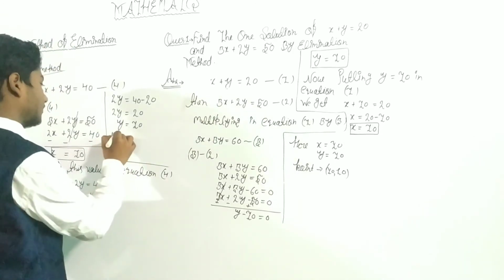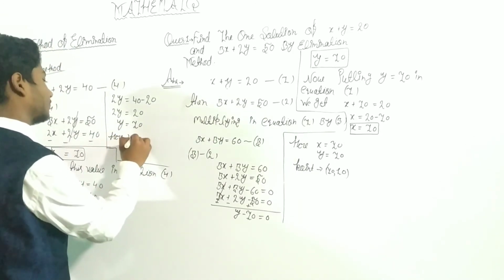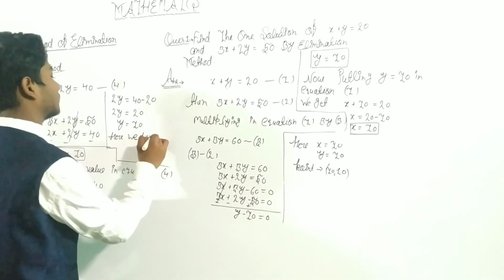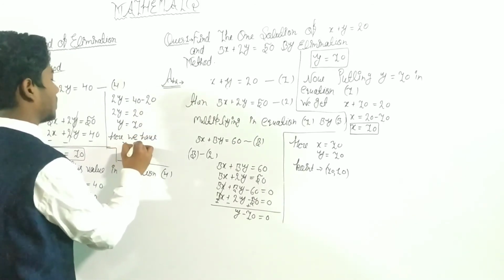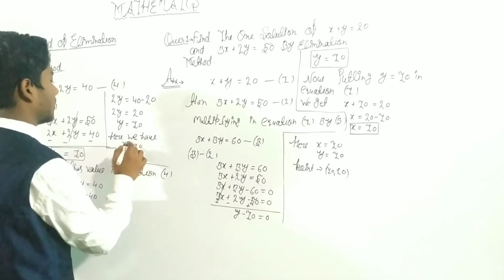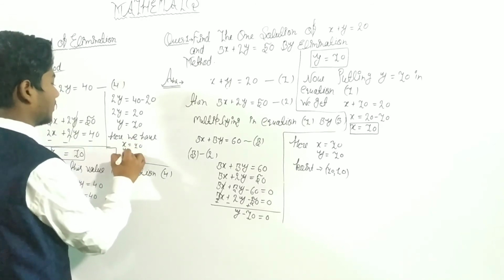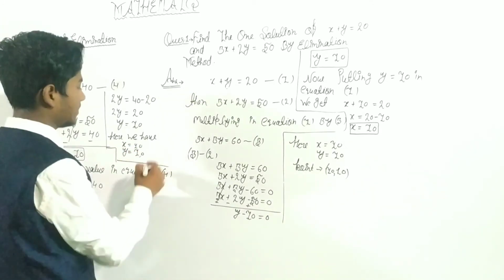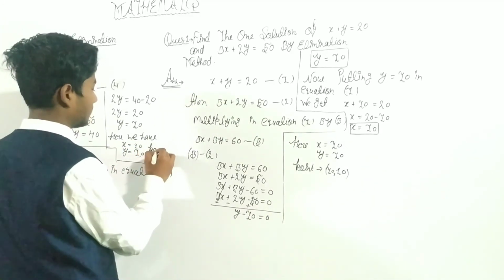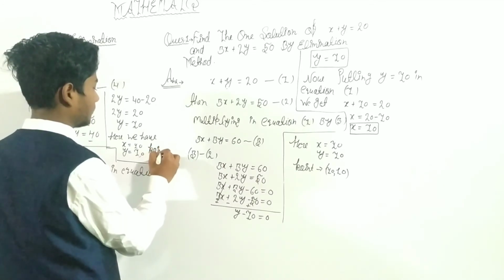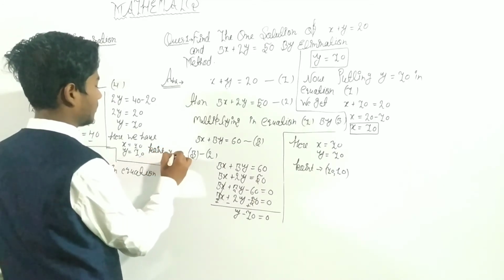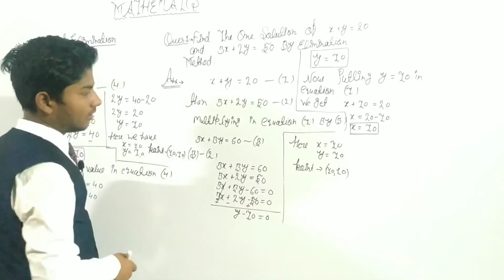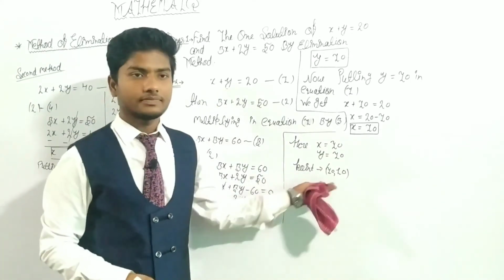Here we have x is equal to 10 and y is equal to 10. Then the point is (10, 10), which is similar to the point of this.